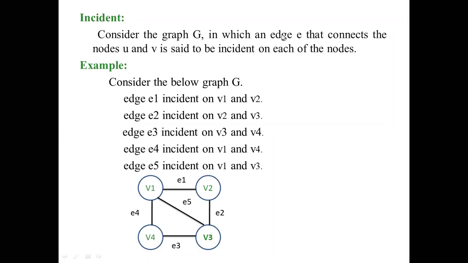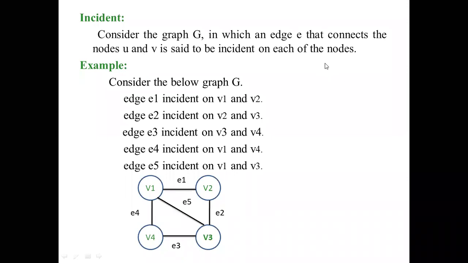So edge E connected to the vertices U and V is said to be incident on each of the vertices.